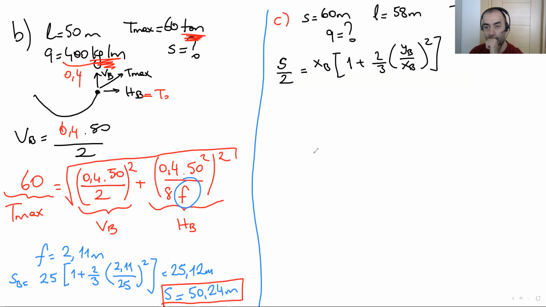We know the total span, so if we know the total span, we know XB. The only thing that we don't know in the equation is YB. What is YB? YB is the sag, which is F. This equation gives us the F.